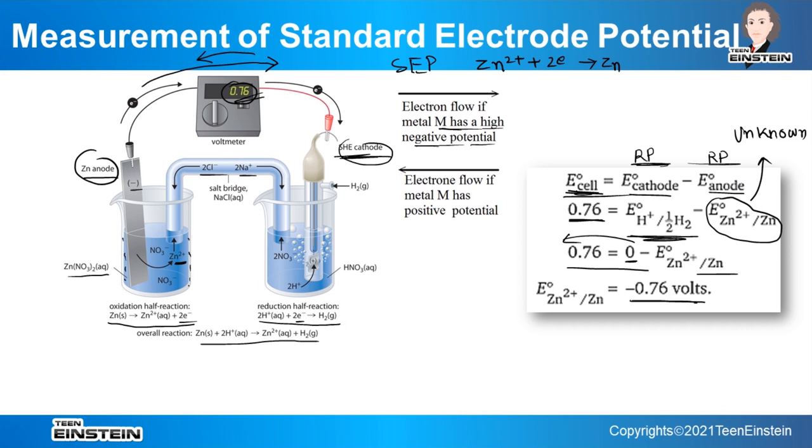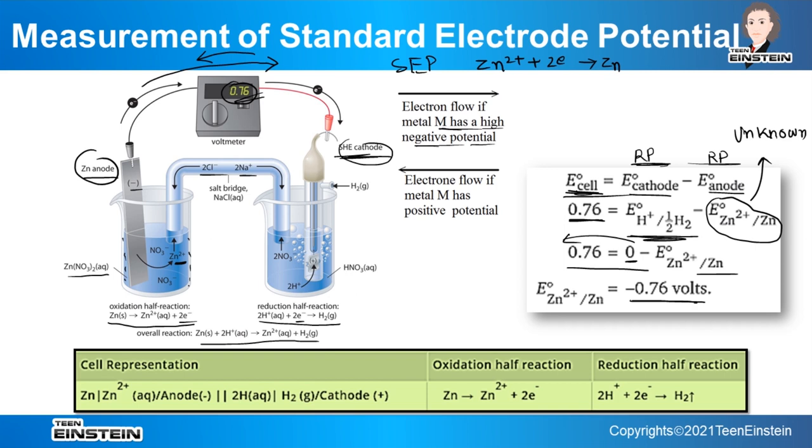So this is one example by which we can measure the standard electrode potential. We will also see it acting as anode. Another example we will see. Here the cell representation will be Zn | Zn2+. This is the electrode, this is present in solution, this is aqueous, and this is the anode.